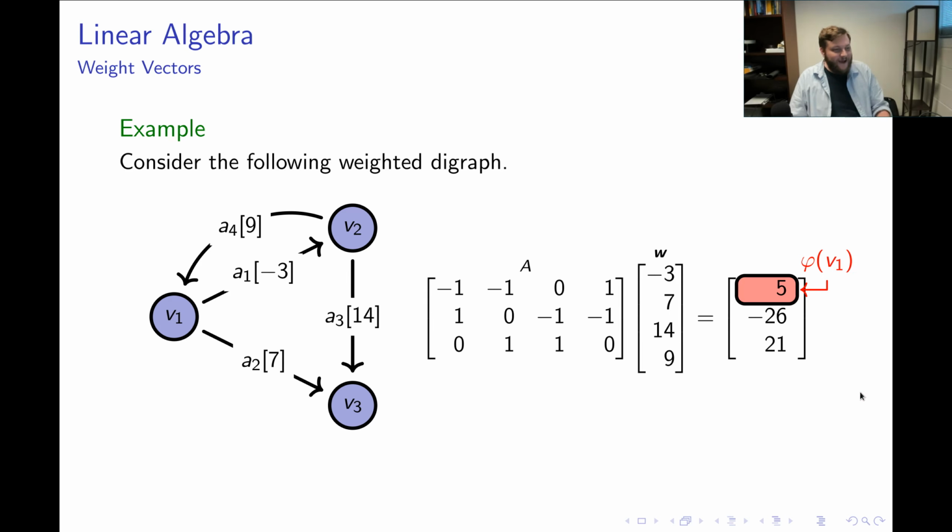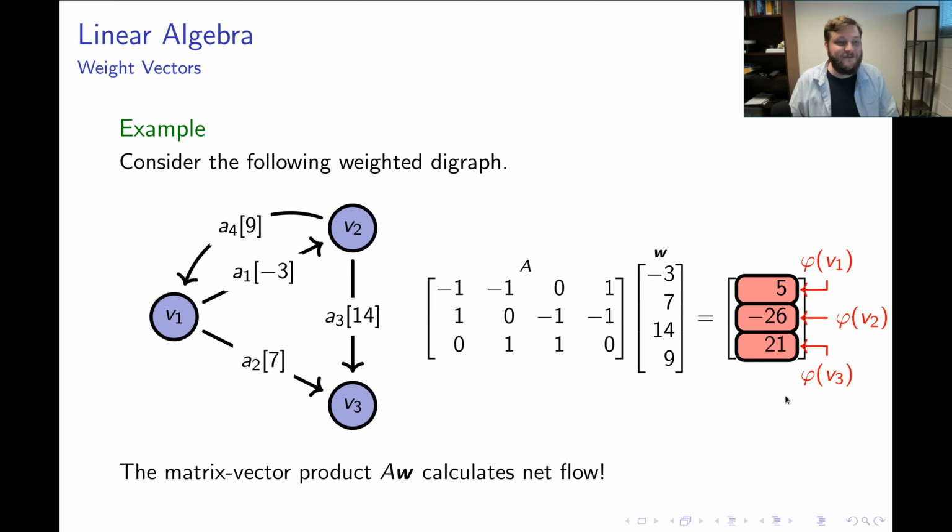That's actually the net flow through the first node. And if I calculate net flow on the second two nodes, I would get -26 and 21. So what happened here when I multiplied my incidence matrix by my weight vector? I produced my vector of net flows. The first coordinate of the matrix vector product is the first net flow. The second coordinate is the second net flow. And the third coordinate is the third net flow.